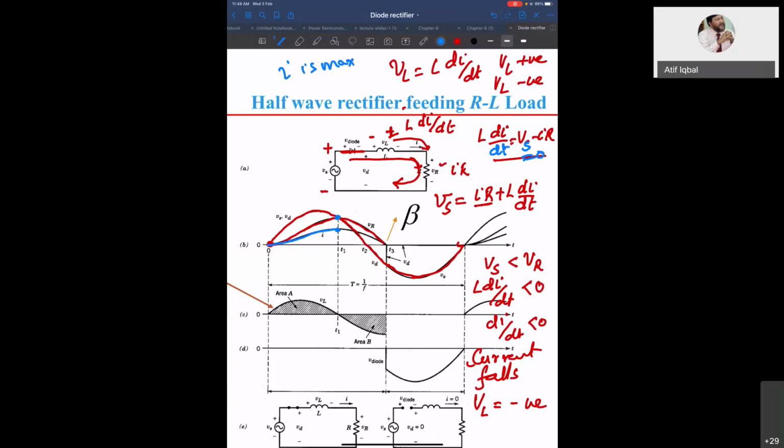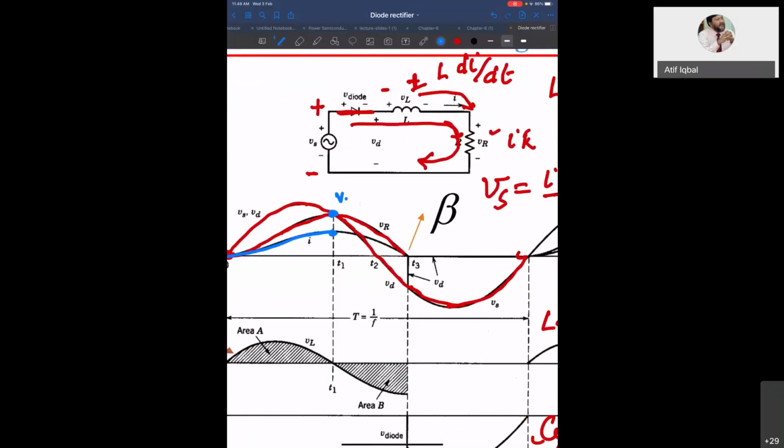So, you know, this is the condition for maxima and minima. The derivative should be zero. So the current reaches maximum at this point, when VR is equal to Vs. During all this time from here to here, your inductor voltage VL is positive.